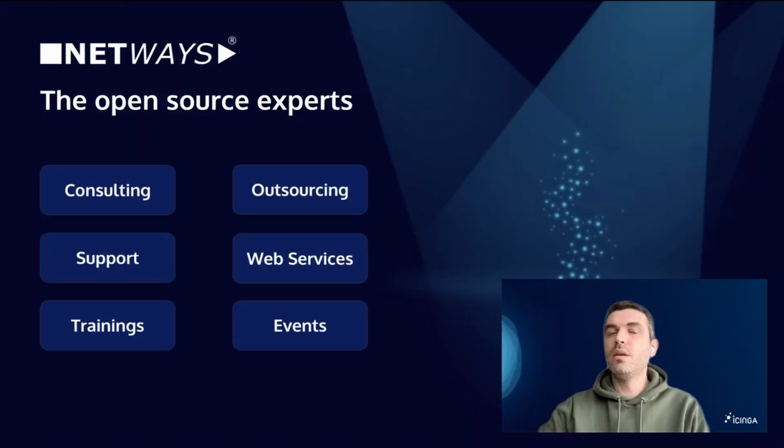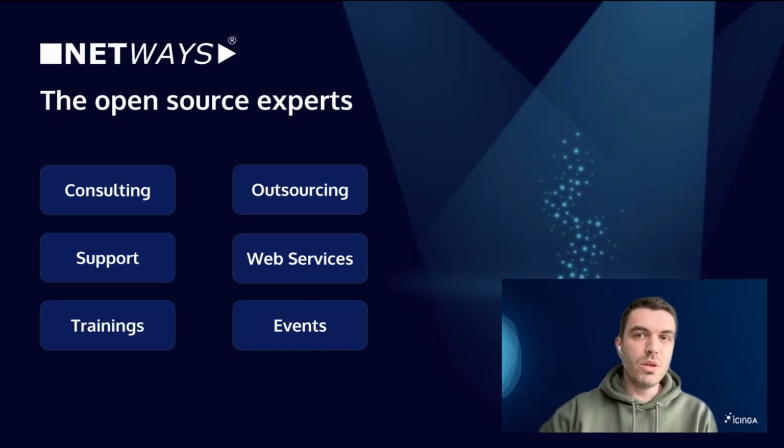That brings me to our partner for today's webinar, which is NETWAYS. NETWAYS is a leading open source specialist based in Germany. They offer consulting, training, support, managed services, web services across a broad range of open source technologies, including Icinga, but not limited to.